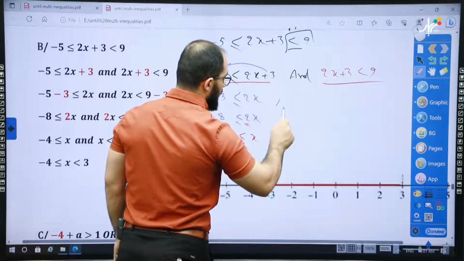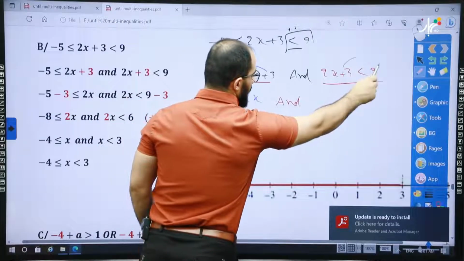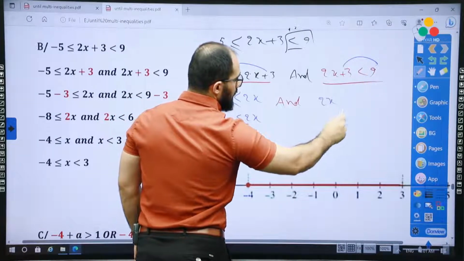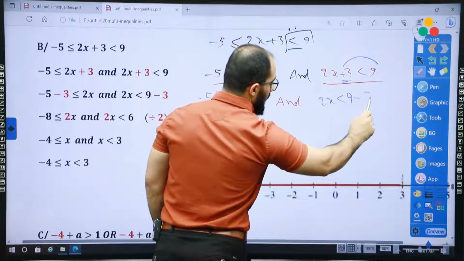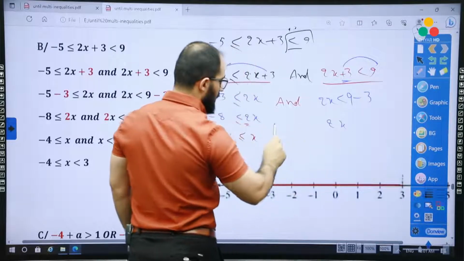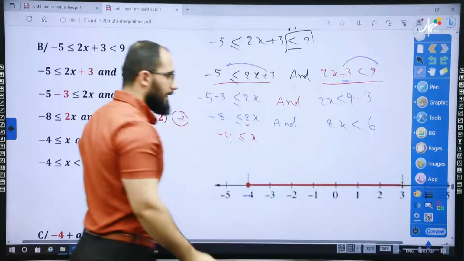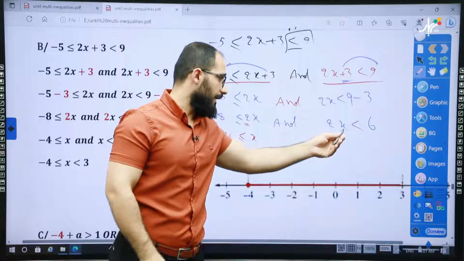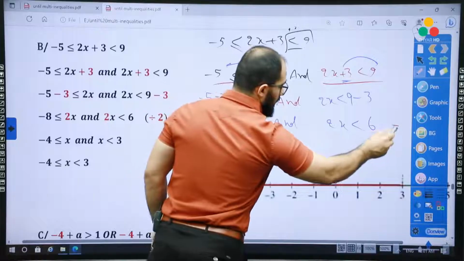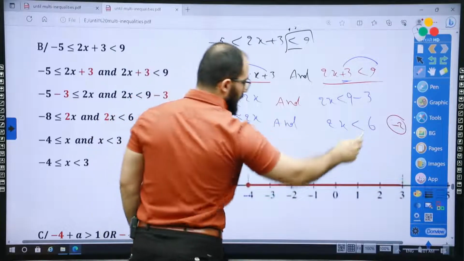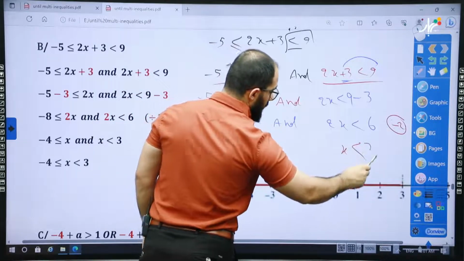Then for the other side, again, do the same steps. Move 3 to the other side. So 2x less than 9 minus 3. So 2x less than 6. Again, because with the variable x we have 2, we are going to divide both sides by 2. 2 divided by 2, only x remains, less than 6 divided by 2, which is going to be 3.